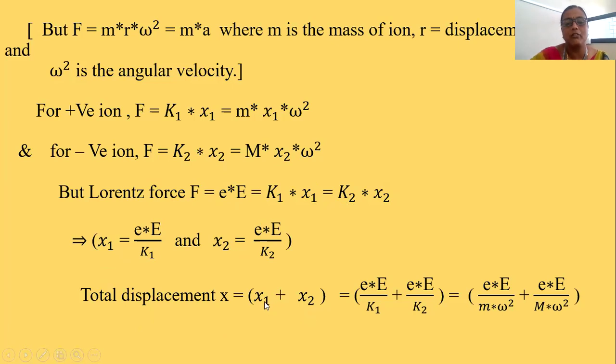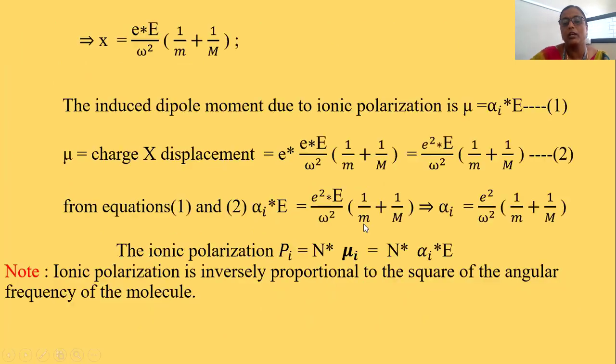When we substitute the values of x1 and x2, we get x1 as E by M omega square and x2 as E by M omega square. So this is the final equation: E into E by omega square times 1 by small m plus 1 by capital M, where small m is the mass of sodium and capital M is the mass of chlorine.